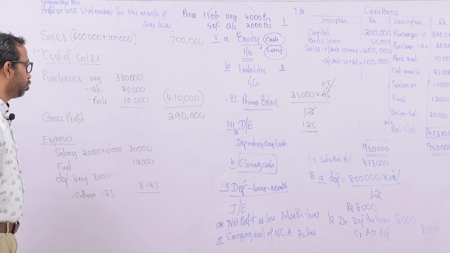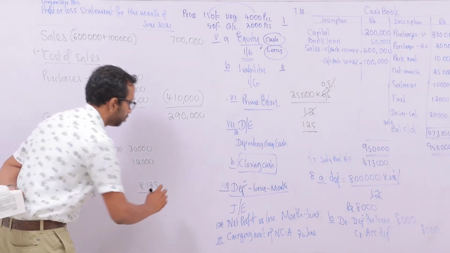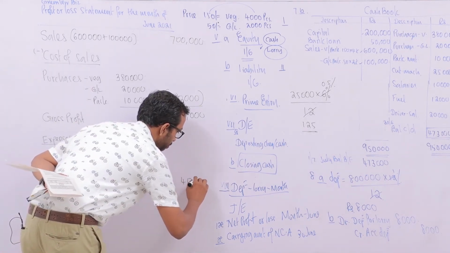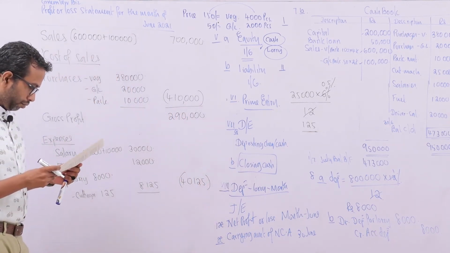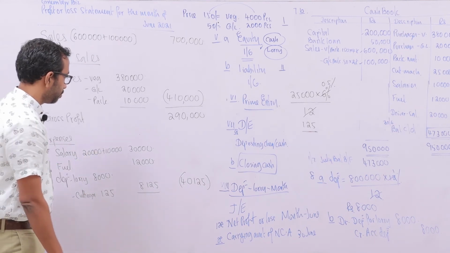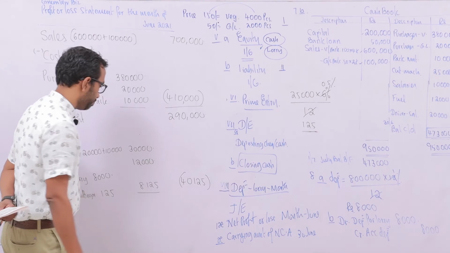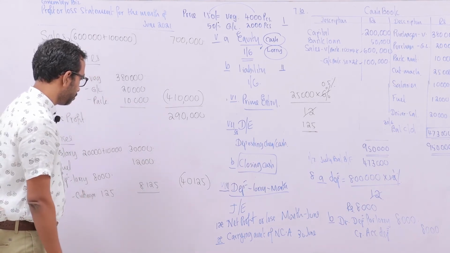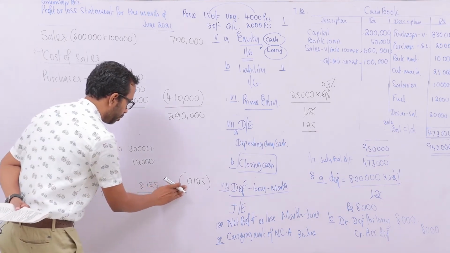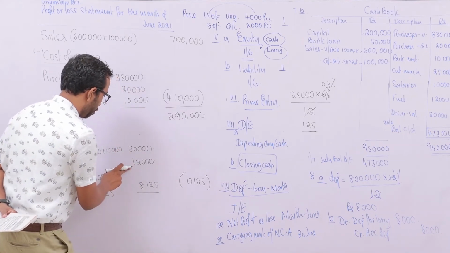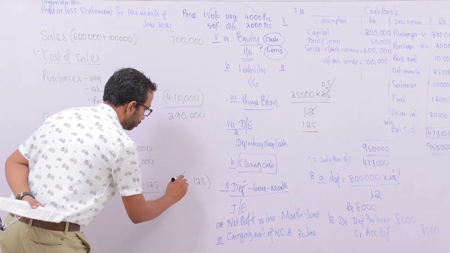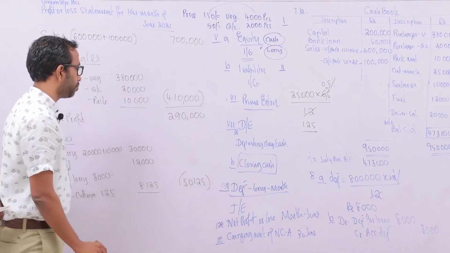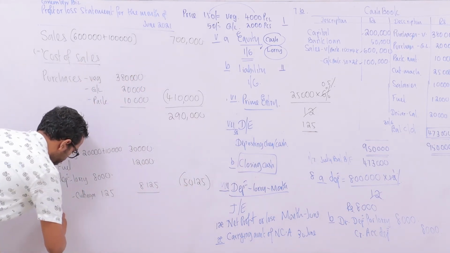So, 42,000... sorry, my mistake, 50,125. And then write it as net profit.